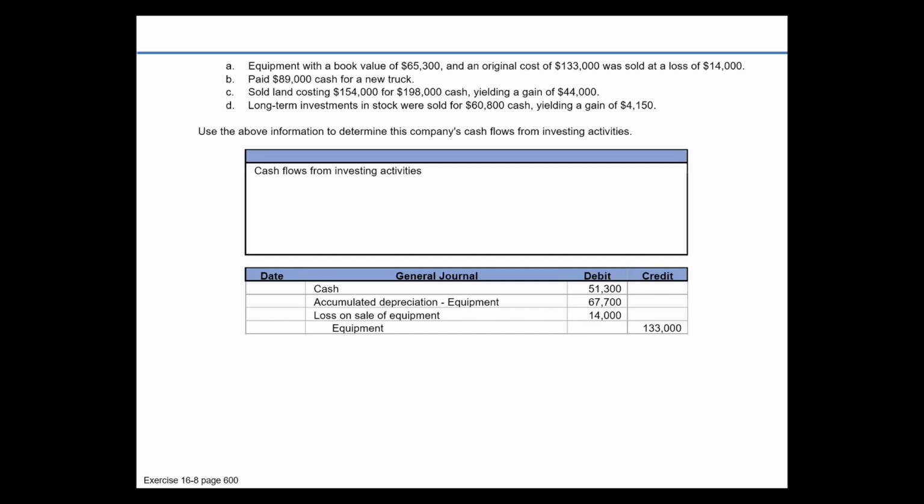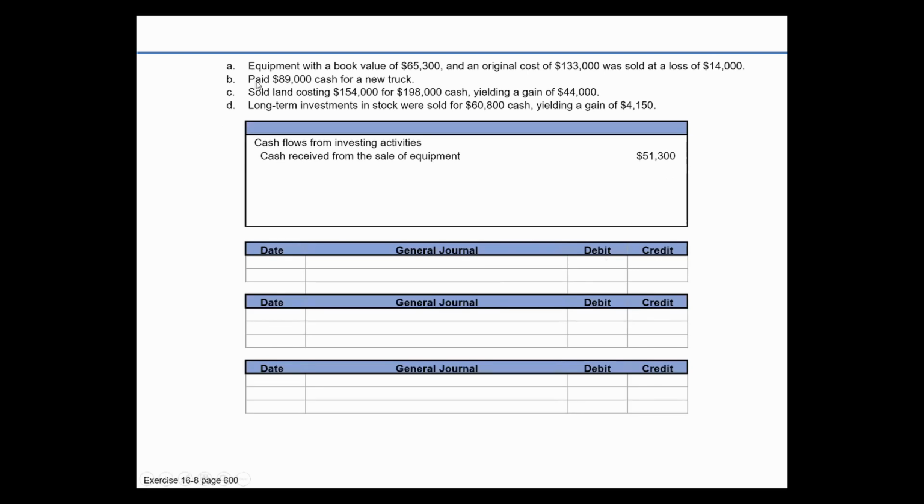We get that by taking the original cost and subtracting the book value. And then the loss on the sale of equipment, they told you, was $14,000 debit. Then you would credit equipment $133,000 because that's the original cost. Then on our cash flow statement, we would say cash received from the sale of equipment of $51,300.